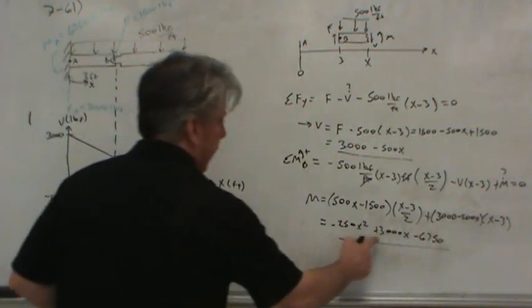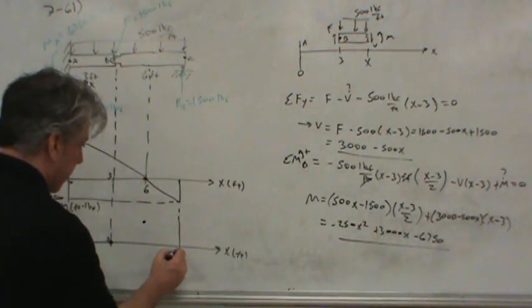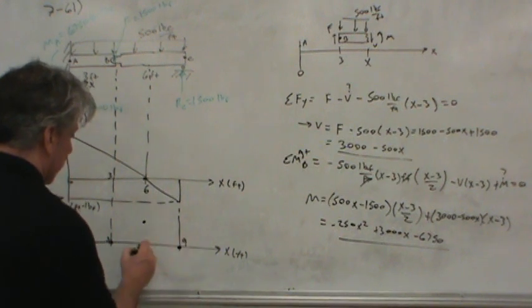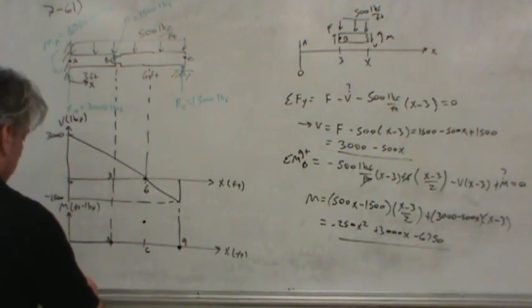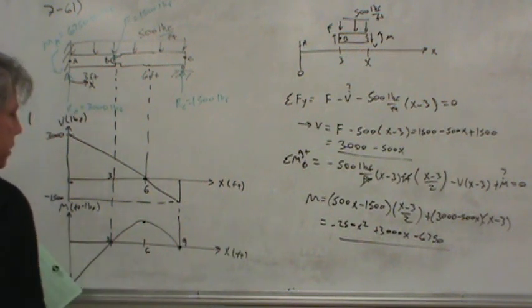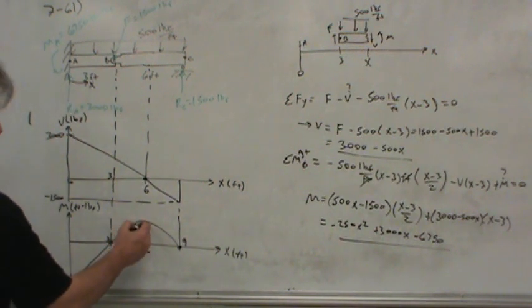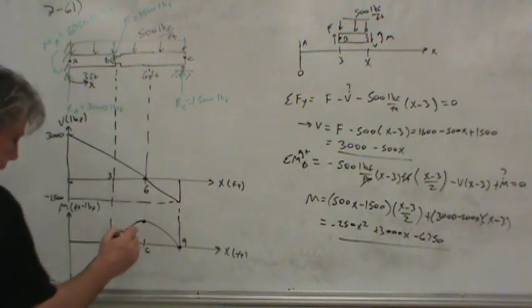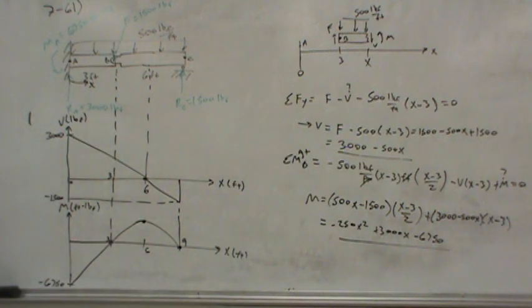And if you plug in x equal to 9, you'll come back to 0 at the end. And so you just need a parabola connecting these points. Now my sketch is not the best, but you get the idea, I hope. I meant to calculate the magnitude of the moment at this point, and it looks like I neglected to do so. So let's grab a calculator and do that quickly.